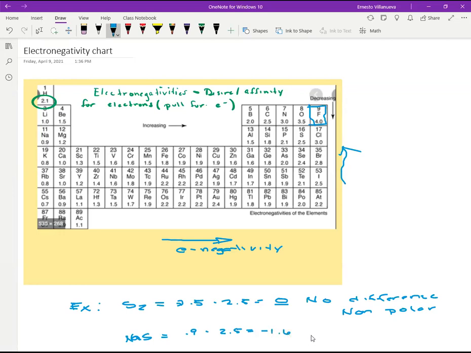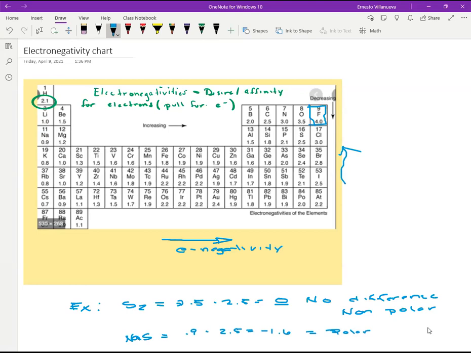This is a pretty large difference. So right here, we would say that this is polar. So when I say that polarity depends on the difference in the electronegativities of the things that are bonded, that's what I'm talking about.